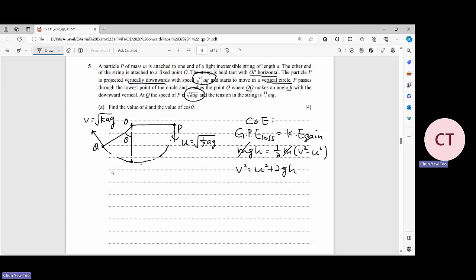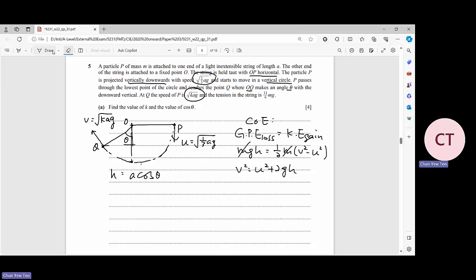So what is our h? This is the h. The h is actually a cos theta. Just look at this triangle. This is the h. h is a cos theta.